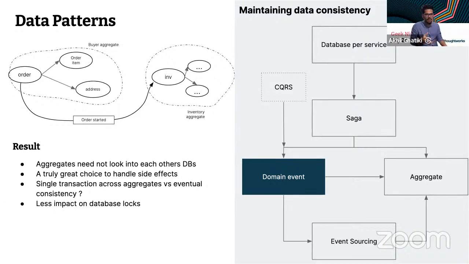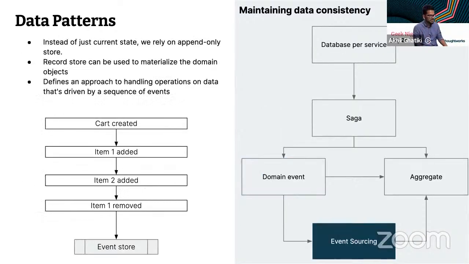This way you can avoid handling two different databases to maintain similar data, and you need not run cron jobs for data consistency across different databases. You just fire an event and forget it. It's up to the inventory aggregate to take care of it. Again, the precondition is that the messaging queue platform that you're choosing should be able to accommodate those error handling possibilities. And yes, a great result of this is that it doesn't have locks on your databases.